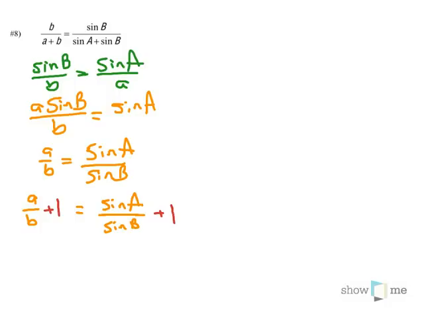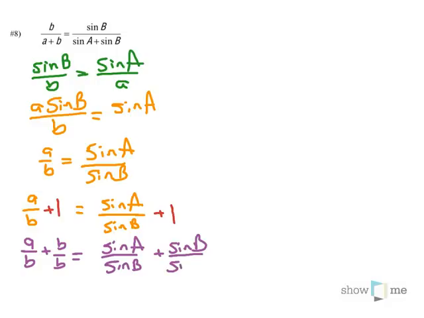On the left, to add a fraction, a over b, and 1, you can't. You need common denominators. So the denominator would be b. On the right, to add 1 in this fraction, you can't. You need common denominators. So I'm going to change 1 to sine of b over sine of b.